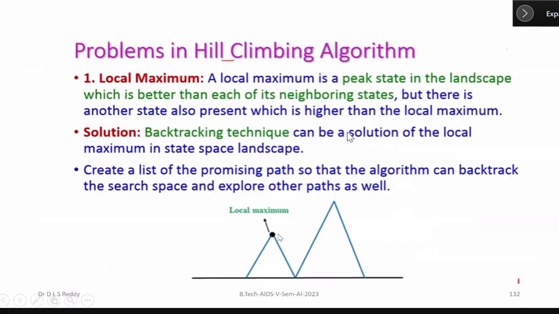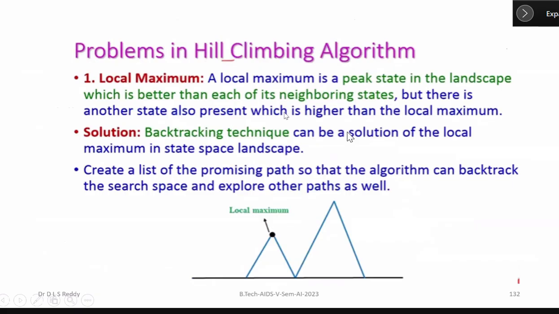After that, when you compare with the next state, it is smaller, right? It is declining here. There is a fall here. So this value will be less than this local maxima. So it will think that this is the goal state and it will stop the search. So a local maxima is a peak state in the landscape which is better than each of its neighboring states.